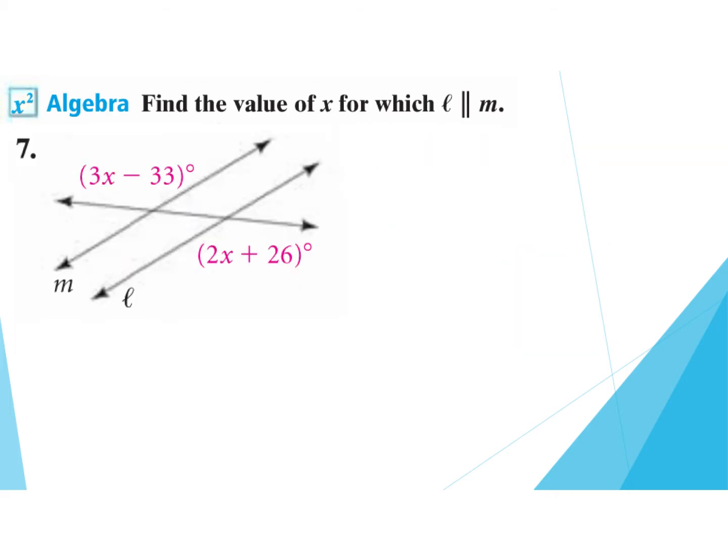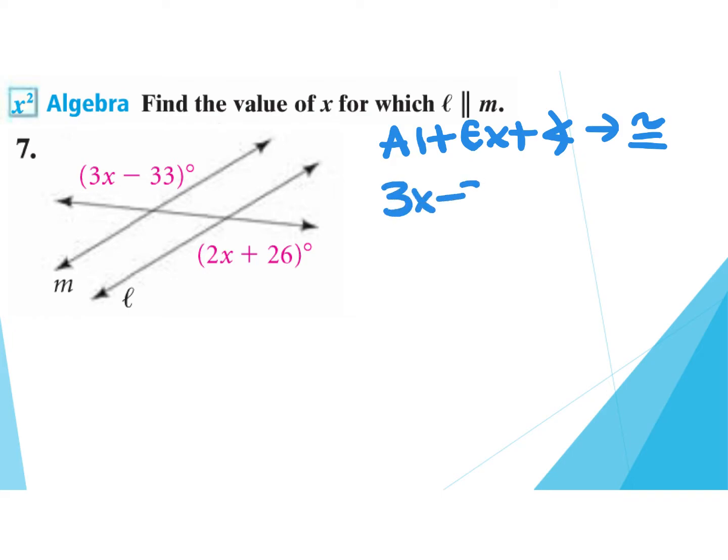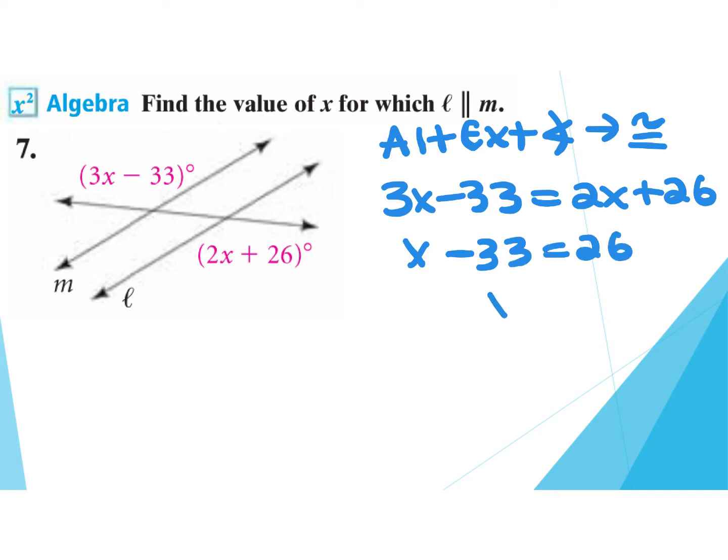For the next one, I have two angles that are alternate exterior angles. So in order for them to be parallel, the angles need to be congruent. So I could say 3x minus 33 should equal 2x plus 26. So if I solve, I get x minus 33 equals 26. So x is equal to 59.